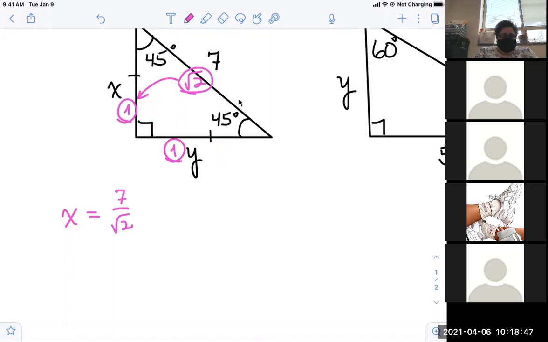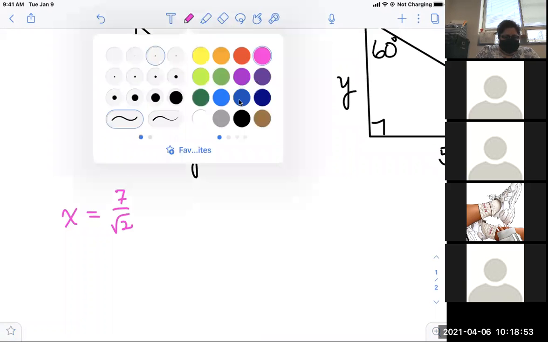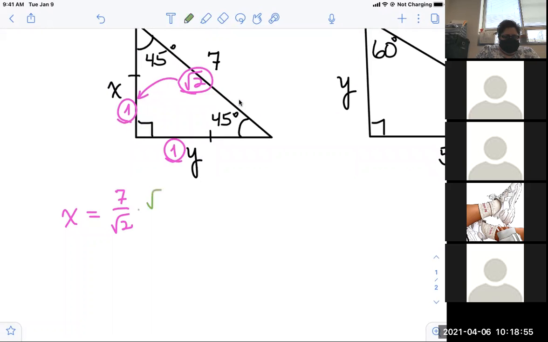Okay, Braden, what do you do then? Yep, we're rationalizing. We're trying to get rid of that radical on the bottom. So root 2 over root 2. And then that's 7 root 2 over 2. Are there any other ways you can write that answer?